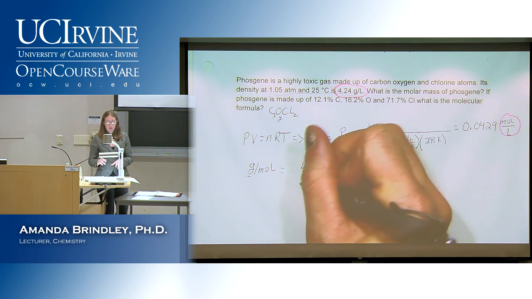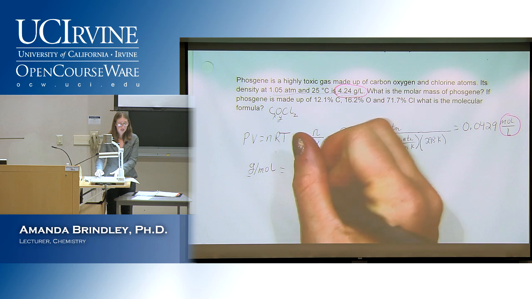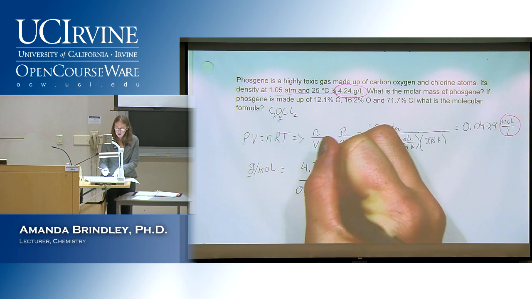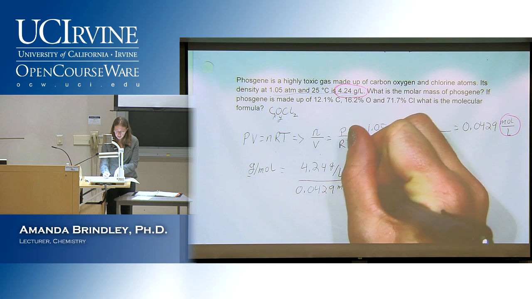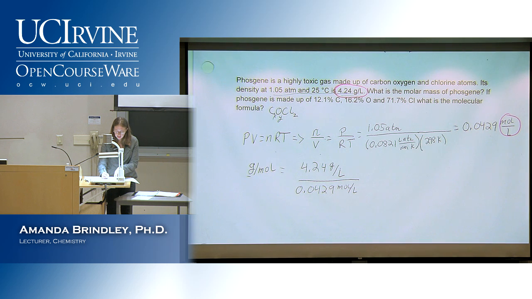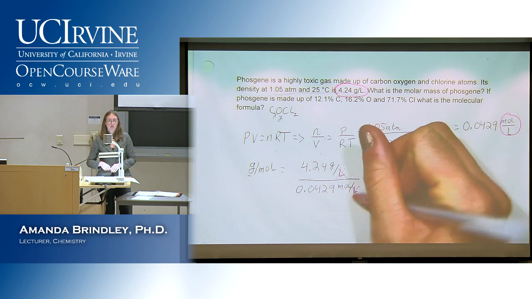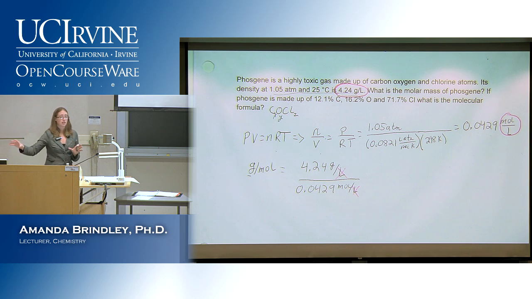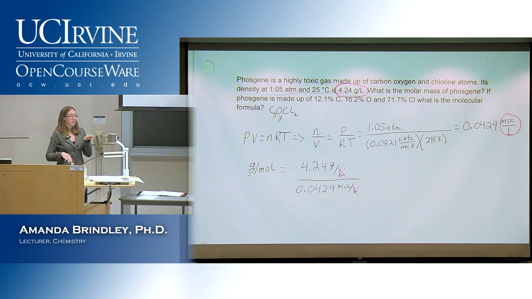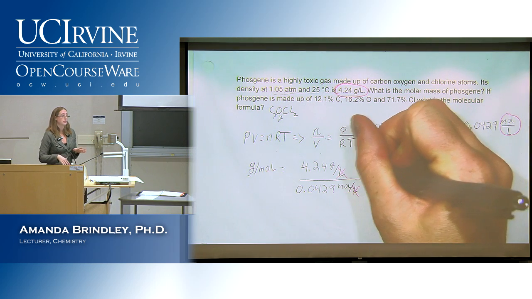Well, what do I have with moles in it? This. And you say, well, but there's liters there. You can't have the liters in there for molar mass. Molar mass doesn't have a liters unit in it. But look what happens when you do this. What happens to the liters? They cancel out. And that's what you'll find with any of these three things that I talked about on that slide, is you can use those three and you can move interchangeably between them by playing around with the units.